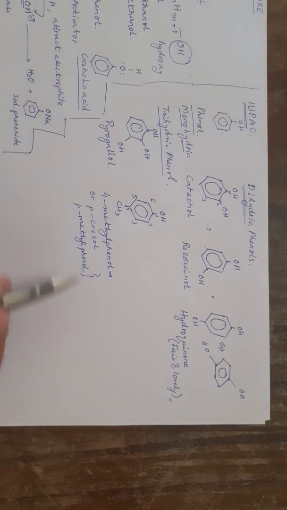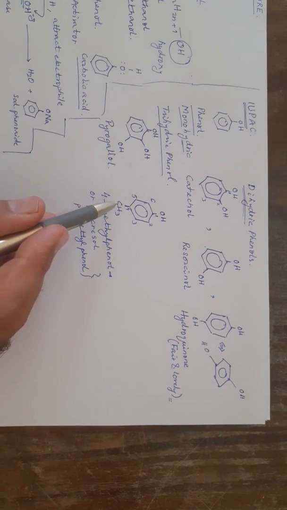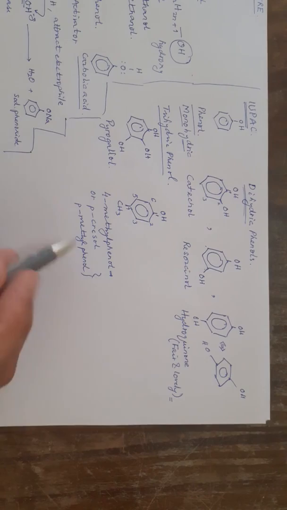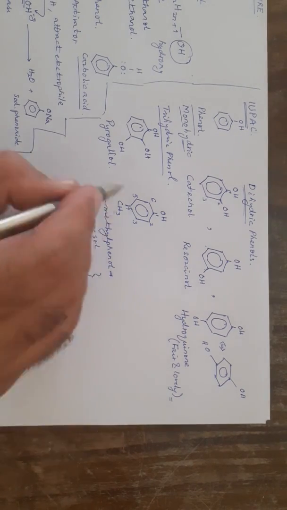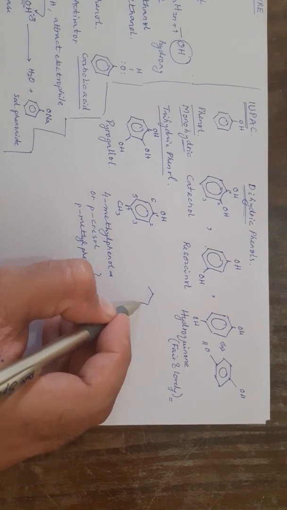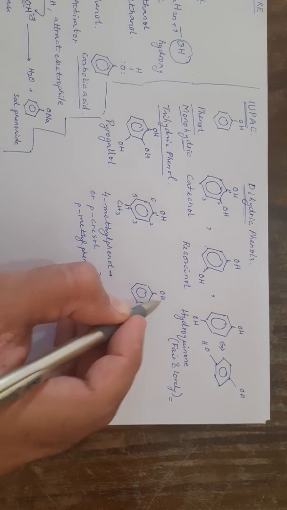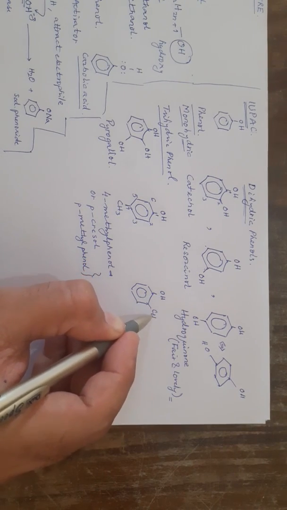So 4-methylphenol was called cresol. So if this is number 4, it's p-cresol. Now can you guess if this is a p-cresol or 2-methylphenol? Can you guys right now quickly guess the name of this compound? I'll give you a minute.